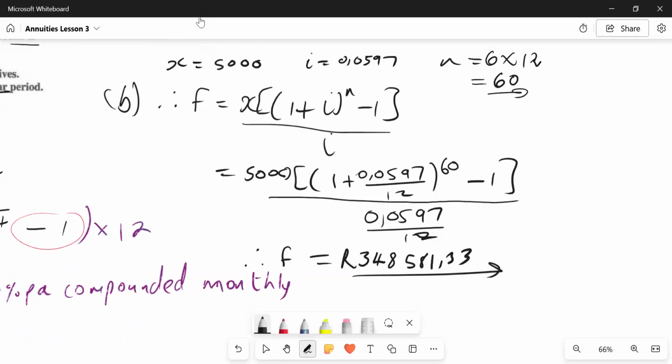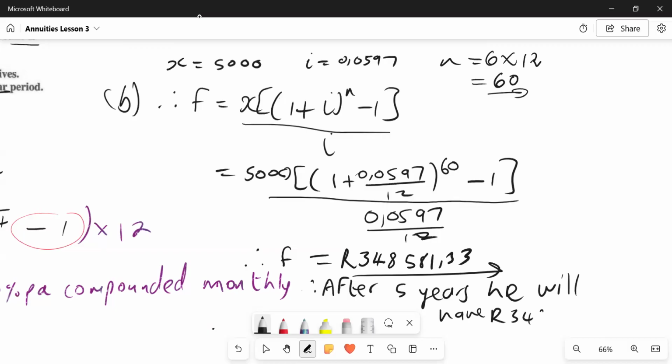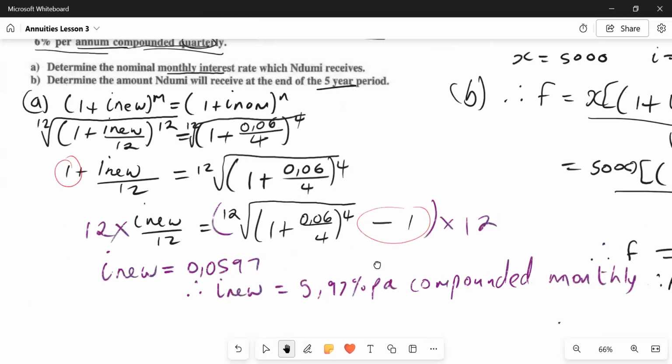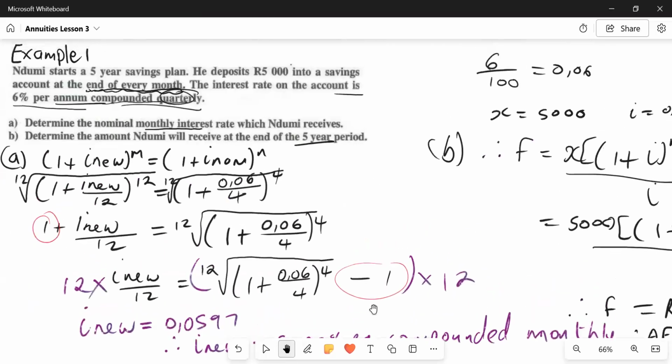So you have to say, therefore, after 5 years, he will have this amount. Perfect. Now let's move to example 2.